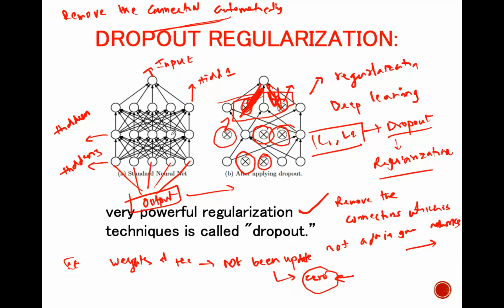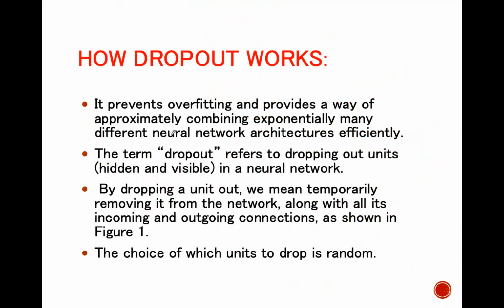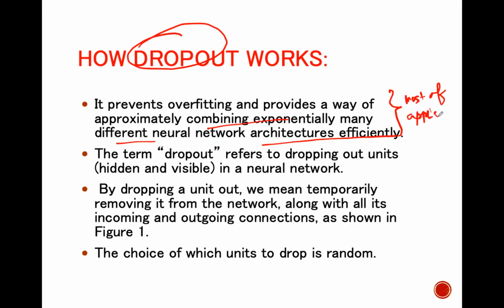I'll directly tell you an example of how dropout works. It prevents overfitting and provides a way of approximately combining exponentially many different neural network architectures efficiently. This concept is helping most applications.